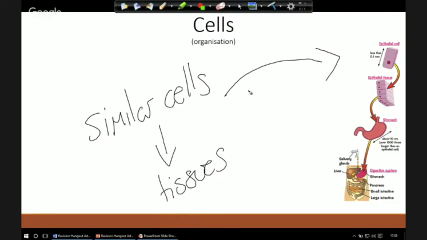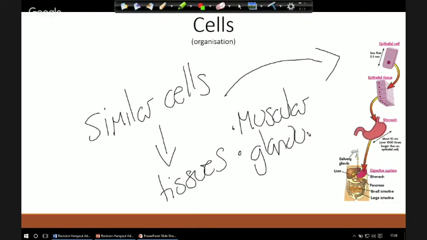Now, for the exam, classic ones which come up are muscular tissues, tissues which can contract, allowing twitches and movement to happen. The second type are glandular. For glandular, it's the secretion of enzymes and hormones, certain chemicals. Thirdly and finally, epithelial.